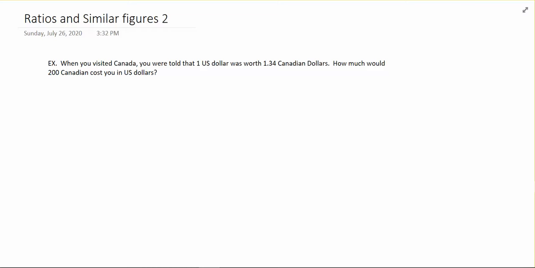So here's a problem. It says, when you visited Canada, you were told that $1 was worth 1.34 Canadian dollars. How much would 200 Canadian cost you in US dollars? So this is like two similar figures. On the one side you have US dollars, and on the other side you have Canadian dollars, and there are corresponding numbers, sort of like corresponding sides.